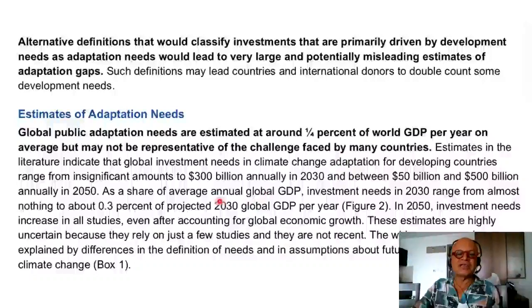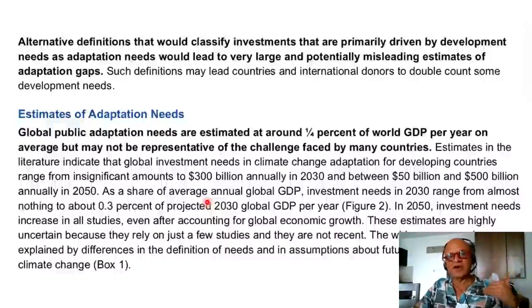Estimates in the literature indicate that global investment needs in climate change adaptation for developing countries range from insignificant amounts to 300 billion annually in 2030 and between 50 billion to 500 billion annually in 2050. So the numbers themselves tell you that there is large uncertainty, and what you will need in 2050 will of course depend on what you did by 2030 or 2040.